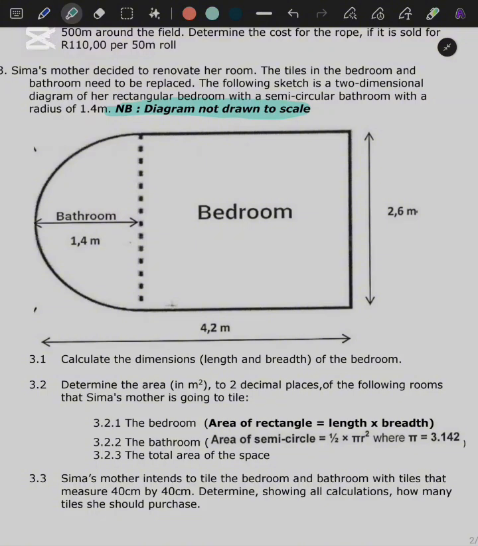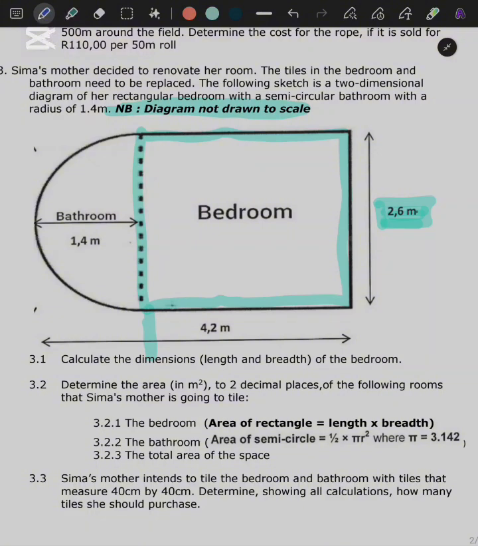Okay. So the first thing I want is the dimensions, the length and the breadth of the bedroom. If we look at our diagram, our bedroom is here. Our width is pretty easy because it's right there. It's 2,6. The question now is how long is the bedroom? Well, this comes from the idea that we did in the previous question.